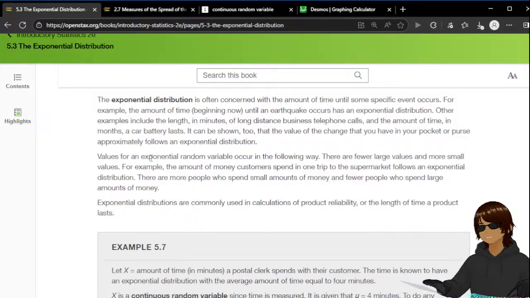Values for an exponential random variable occur in the following way. There are fewer larger values and more small values. For example, the amount of money customers spend in one trip to the supermarket follows an exponential distribution.